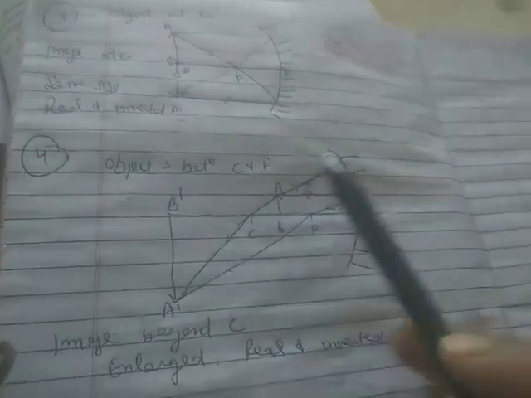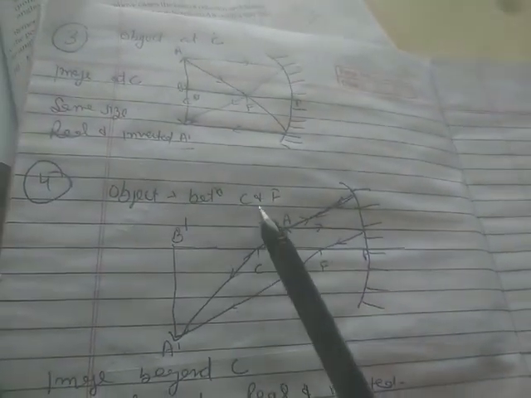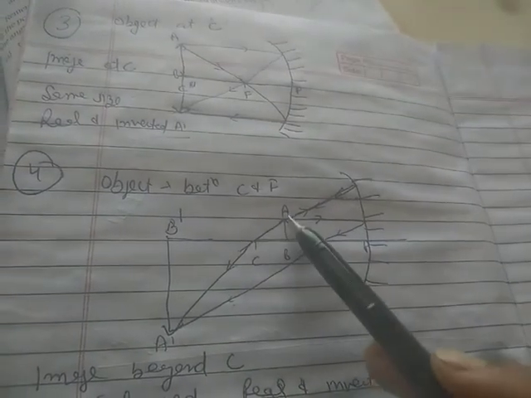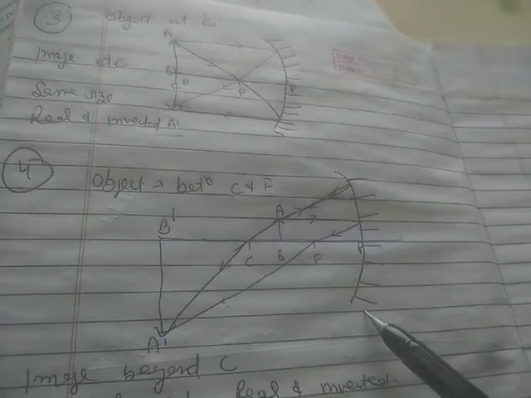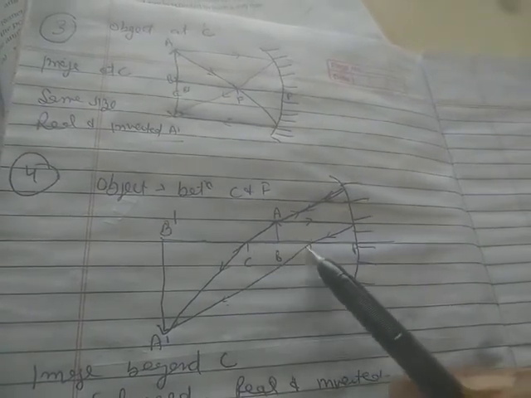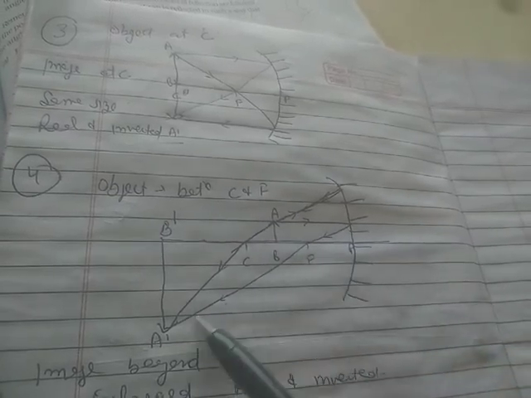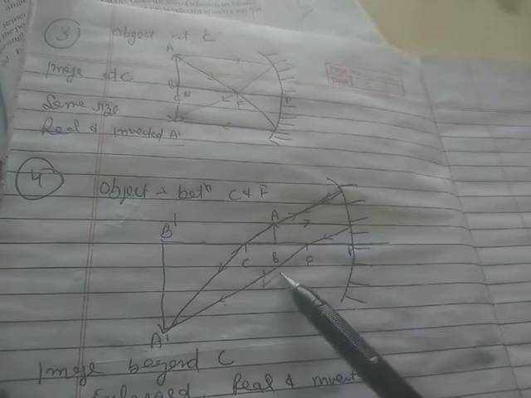Clear? Now the next case is when the object is in between C and F. Same, we have taken the concave mirror, object in between C and F, let A B be the object. First of all, the ray parallel to the principal axis, after reflection goes through the focus. Clear? This is the reflected ray.